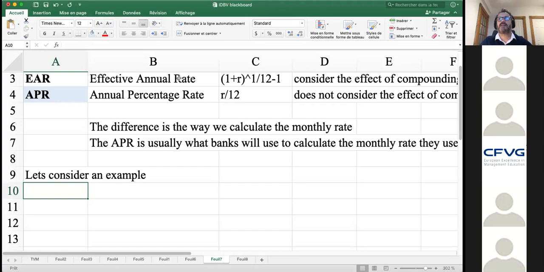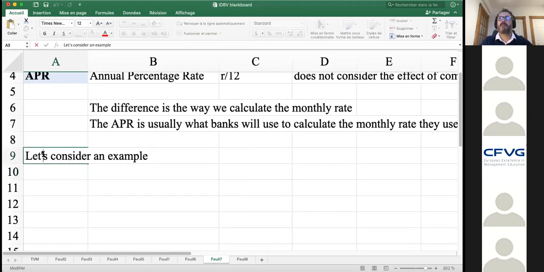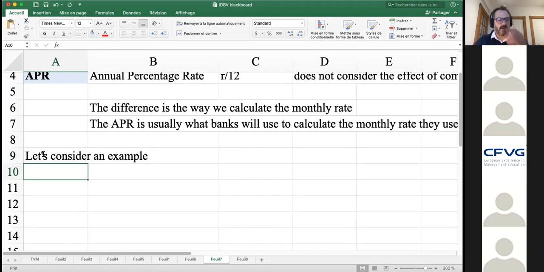So let's consider an example. You can see my Excel, right? Let's consider one example.